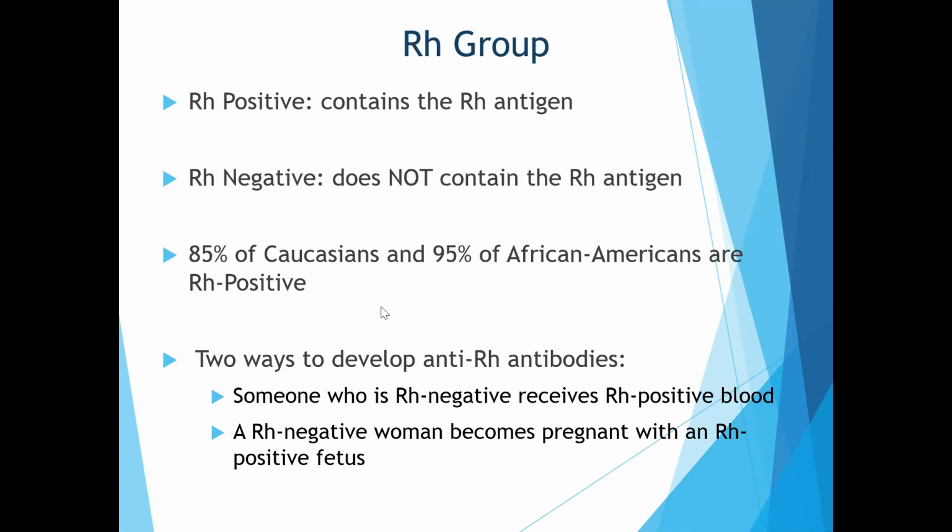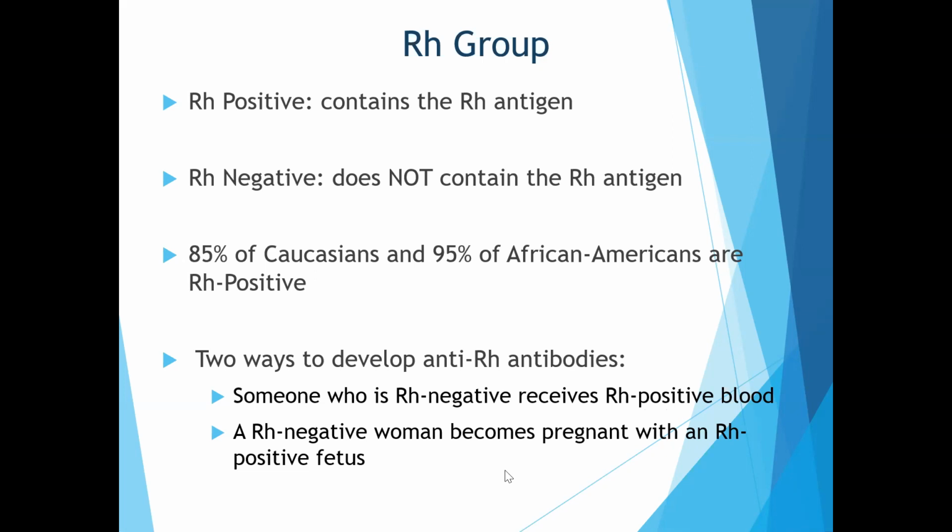And so there's really two ways that you can actually develop anti-Rh antibodies. So antibodies that will attack the Rh antigen. So if you're already Rh negative, but you get Rh positive blood, your body is going to create anti-Rh antibodies because it's not used to that antigen being present.